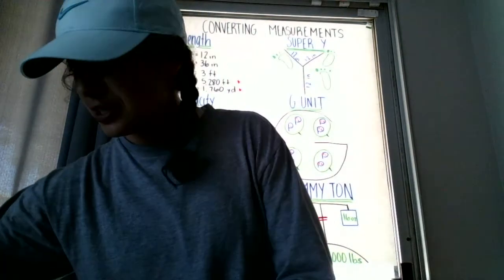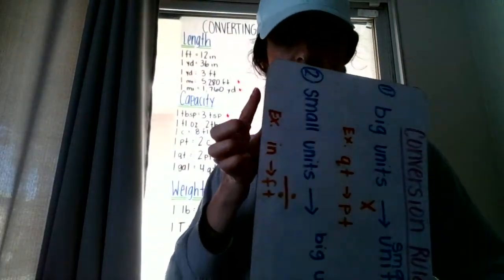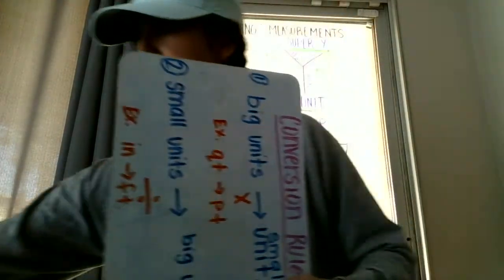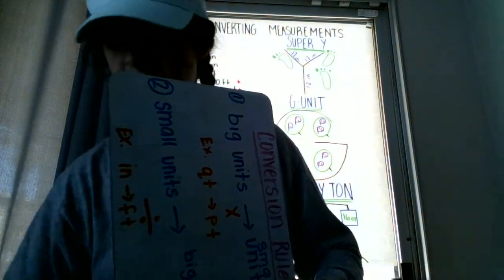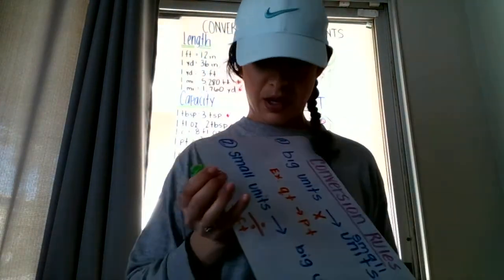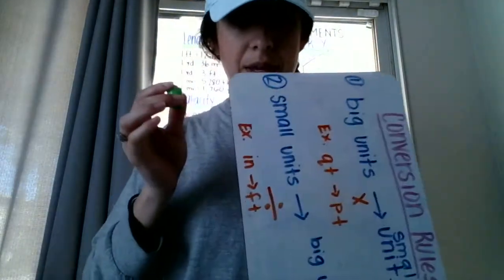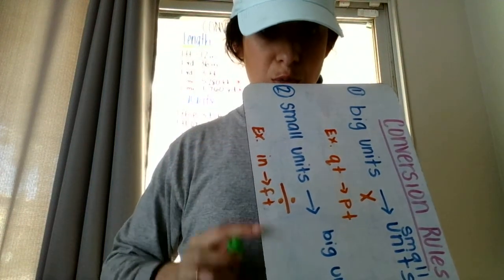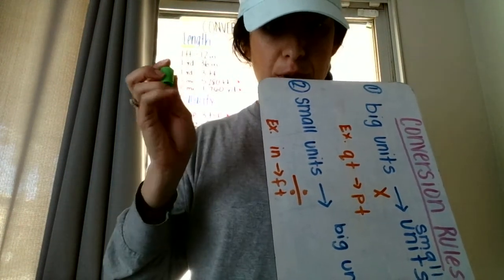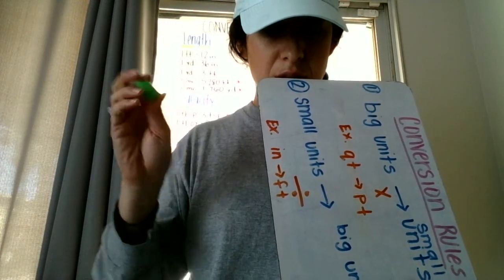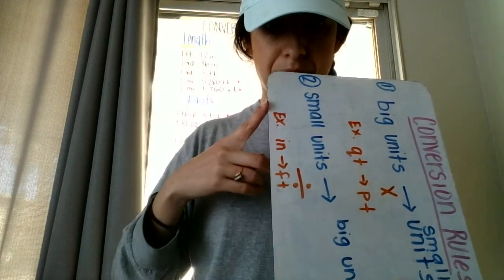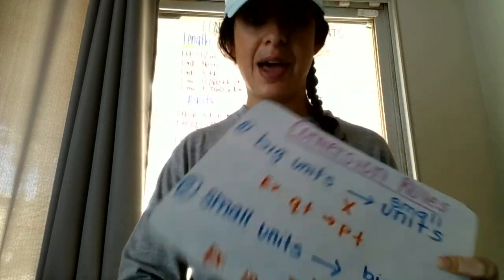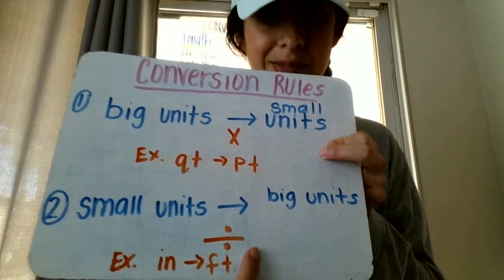A foot is probably as long as this whiteboard. So now let's look at my two things. I'm going from an inch to 1 foot. I'm going from small unit to a big unit. 1 inch is smaller than 1 foot. When that happens, you're going to divide.